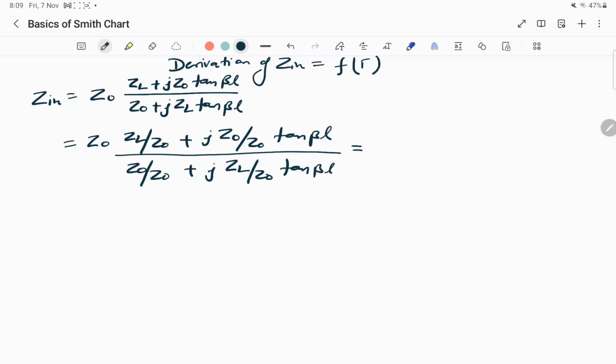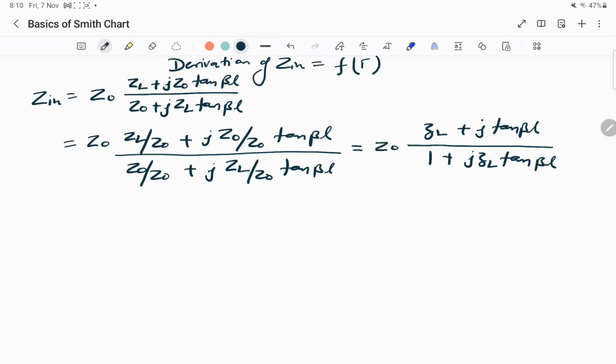So this can be further written as Z0 times, so this becomes small zL, that is the normalized load impedance, plus j times tan beta L, and here it becomes 1 plus j zL times tan beta L.